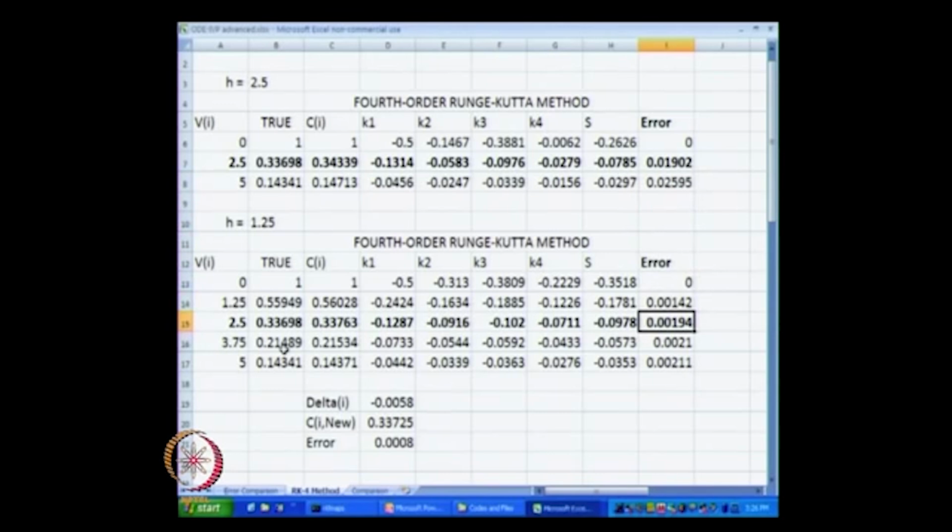When we decreased H from 2.5 to 1.25, the error decreased from 2e minus 2 to 2e minus 3, and when we took the difference between the two and added that difference to the more accurate value, the error reduced further to 8 into 10 to the power minus 4. So this is the result that you get for C at volume V equal to 2.5 using the Richardson's extrapolation method.